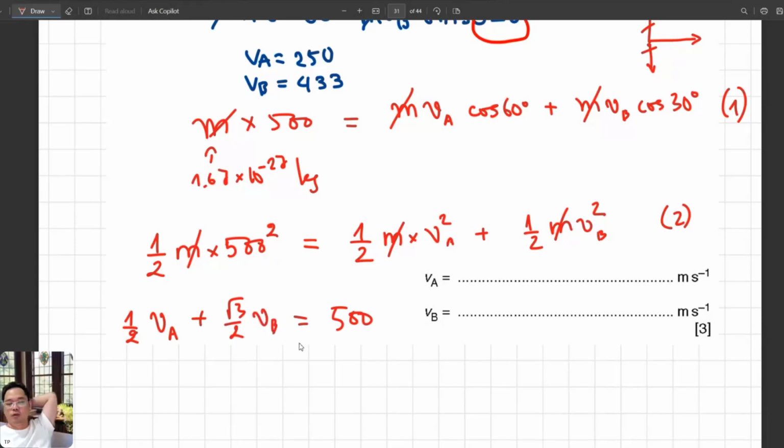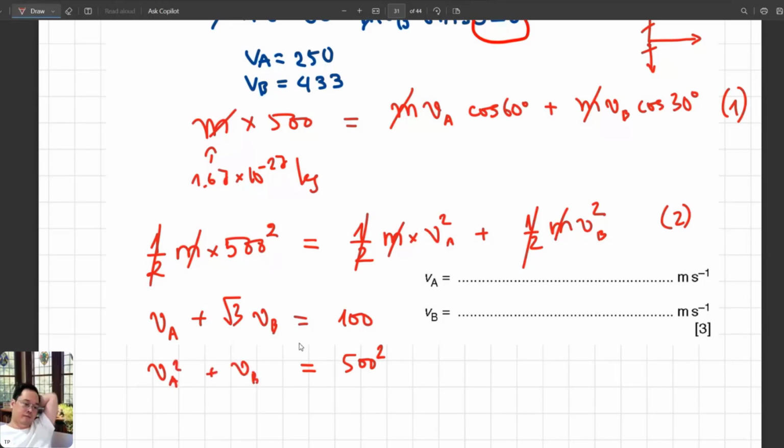We can multiply 2 on both sides of the equation, making this 1000 and removing the 2 at the bottom. So we have a new, simpler equation. For the equation at the bottom, 1/2 times 500 squared, we remove the 1/2 as well. 500 squared equals VA squared plus VB squared.